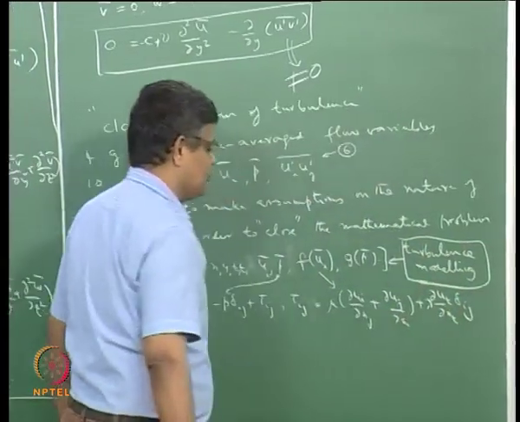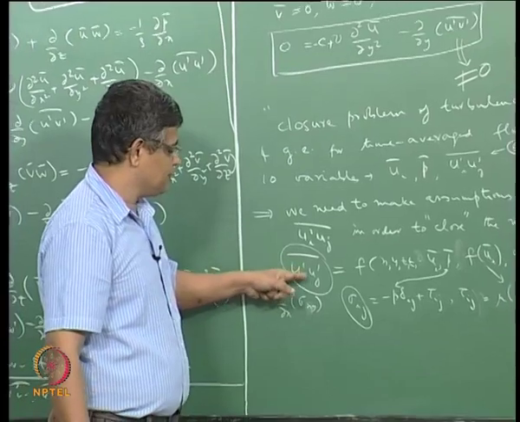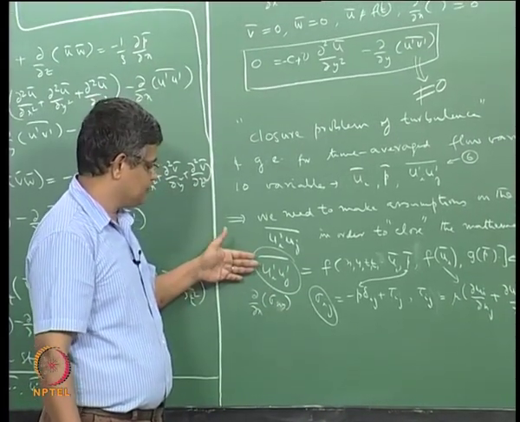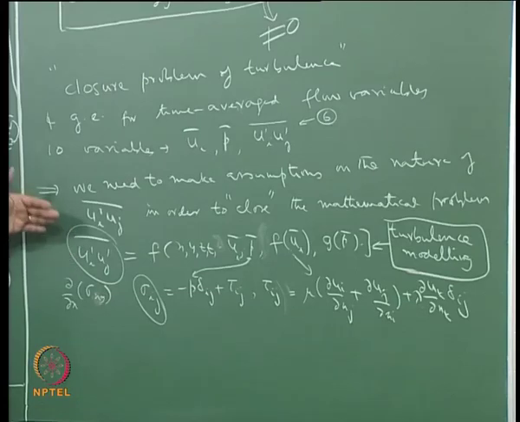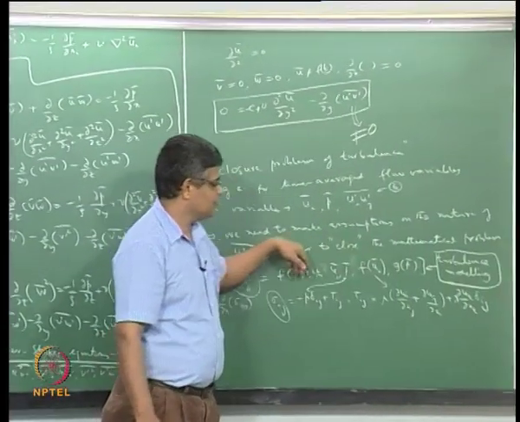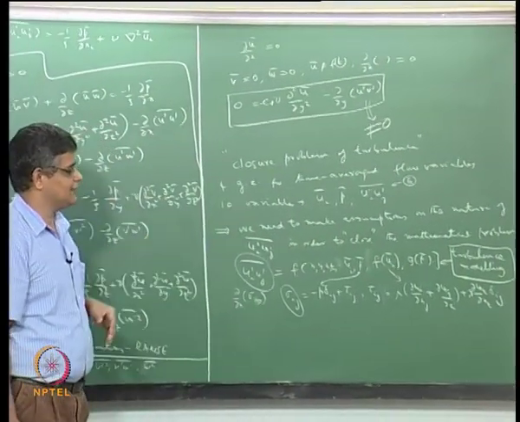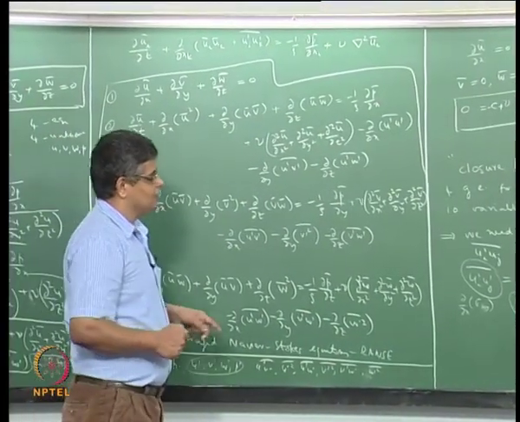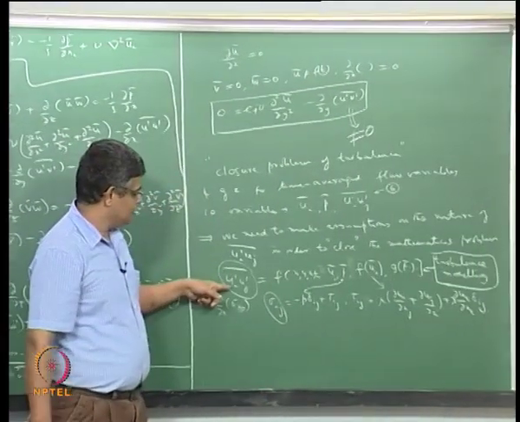Turbulence modeling is about expressing this ui prime uj prime over bar, that is the time average of these quantities which are appearing as a result of the time averaging process. It is to express these things in terms of the variables that we are solving for, and that is the essence of turbulence modeling. And it is also necessary because, as we have shown here, these quantities cannot be neglected.